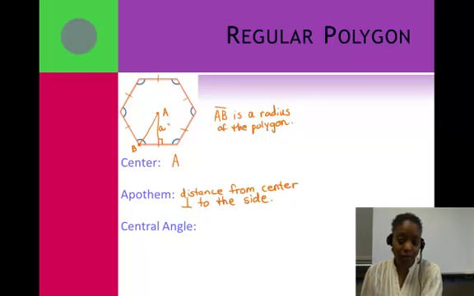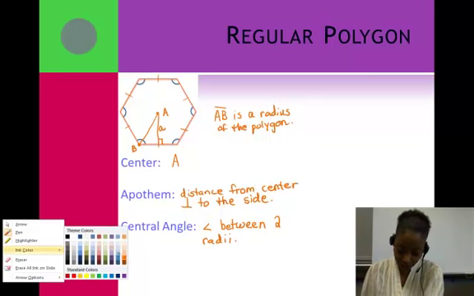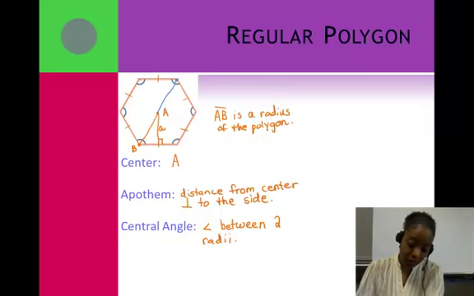And then the central angle is the angle that's created between two radii of a regular polygon. So the angle between two radii. So let me draw this in another color here. Let's grab a blue. Okay, and if I were to start at A and go to here, that's one radius. Here, that's another radius.